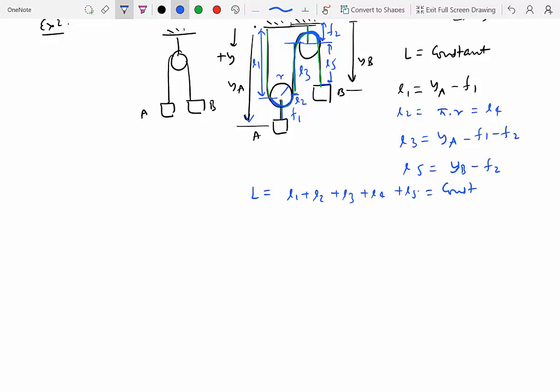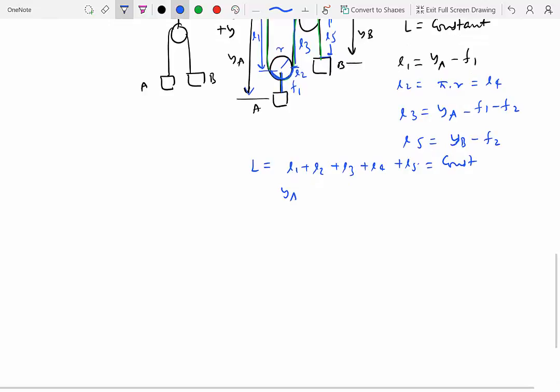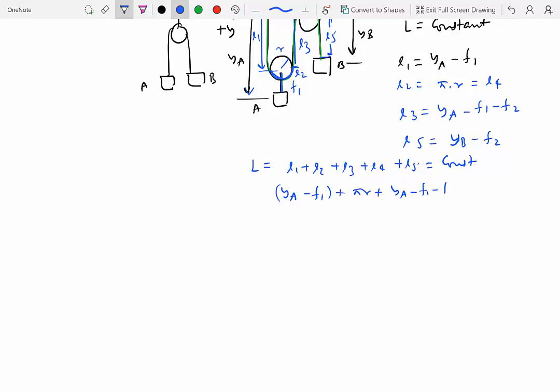All right, so let's substitute for each of these L1, L2, L3 up to L5 in here, and we get YA minus F1 plus pi R plus YA minus F1 minus F2 plus L4, which is pi R, finally L5, which is YB minus F2, and that is a constant.